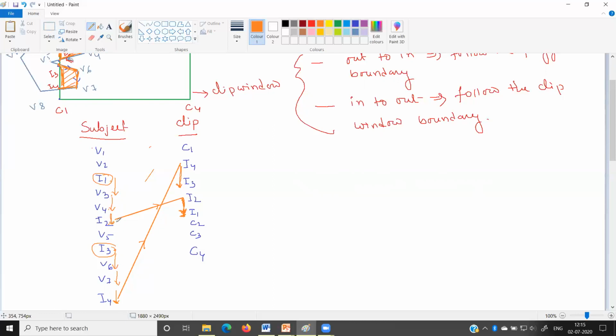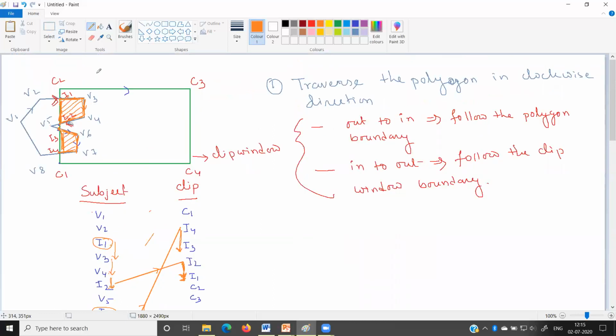If you observe, after execution of this algorithm, what is our output? Our output will be something like this one. In this case our output will be this one. Okay, so this will be our output. This becomes small, so it is difficult for me to draw.